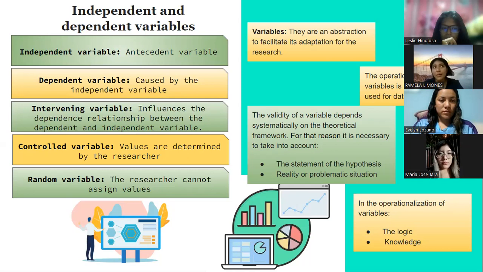Now, the validity of the variables always is going to depend on the framework that we're using. So for that reason, we always need to take into account the statement of hypothesis and the problematic situation. If we are not using the statement of hypothesis or the problematic situation well, the validity of the variables is probably not going to be there.